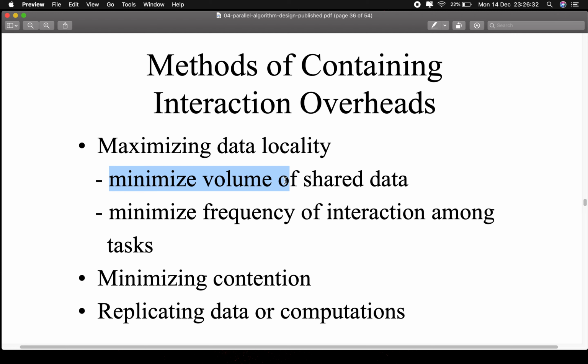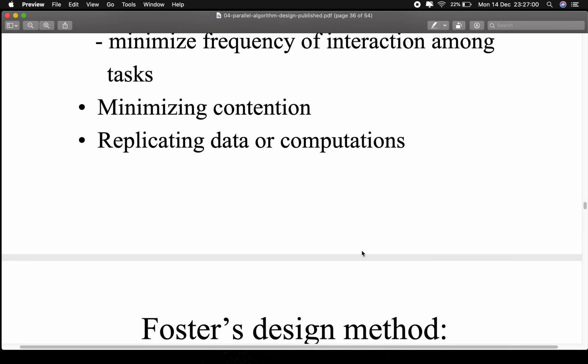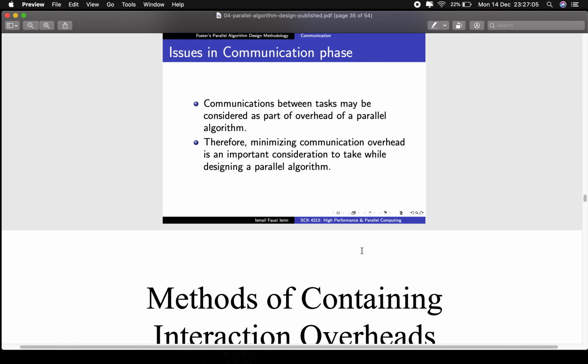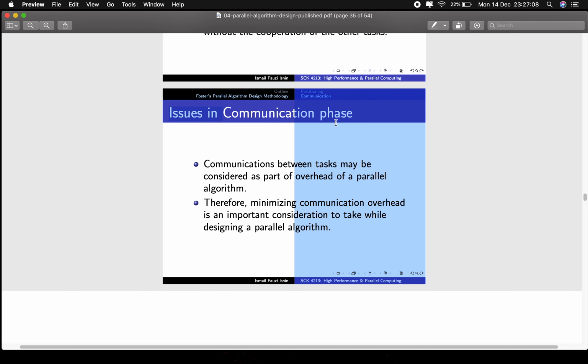You need to minimize your volume of shared data, and also minimize the frequency of your interactions among the tasks. And then also minimize the contention on your data, and replicate data or computations. So this is the method for how you're going to solve the problem under your communication phase.